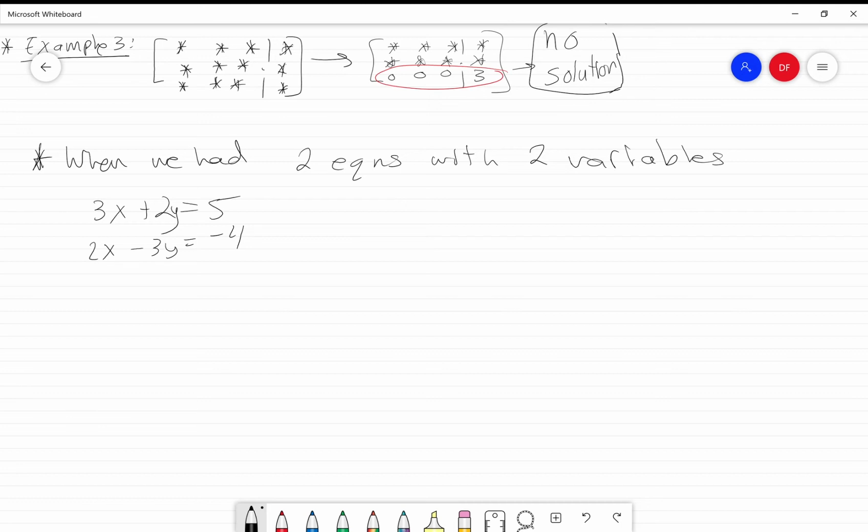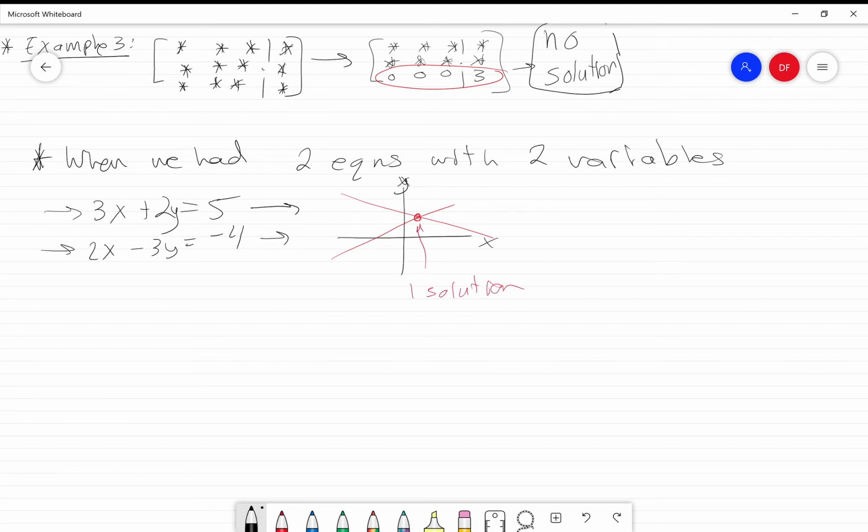This is 2 equations with 2 variables, x and y. We saw that this is just a line in 2 dimensions for y and x. And this is also just a line. And what it means for them to have a solution is that this line intersects with this line. This right here means one solution.